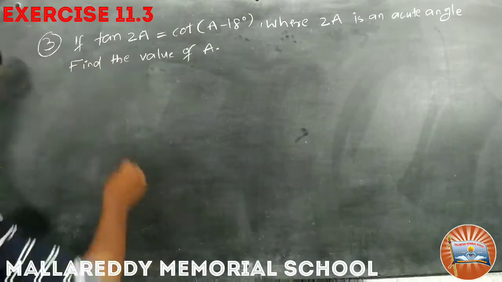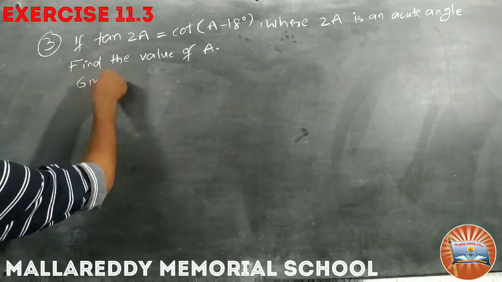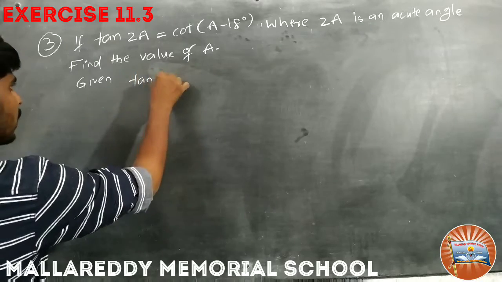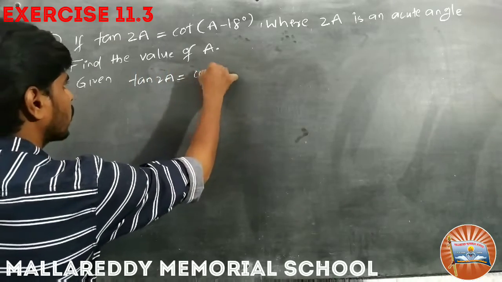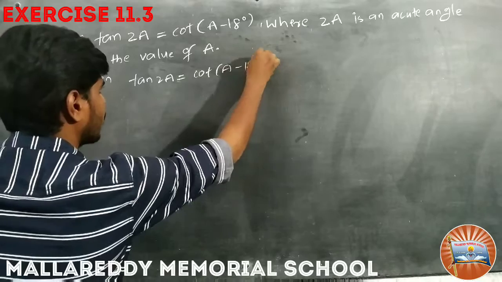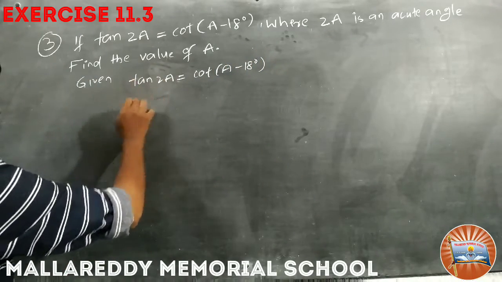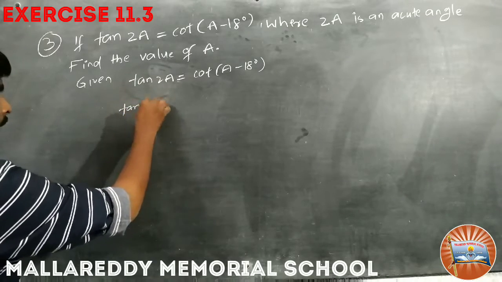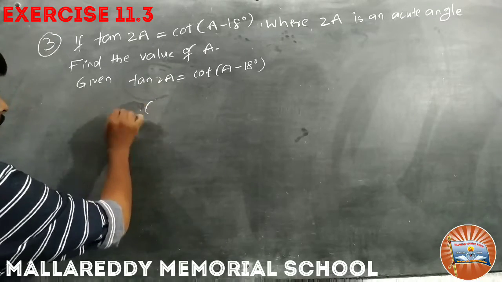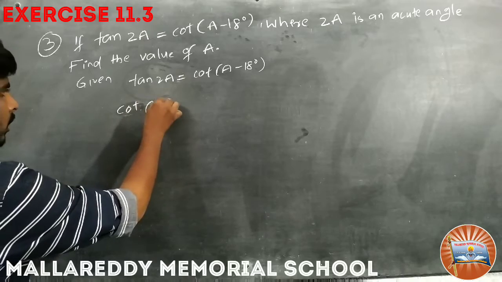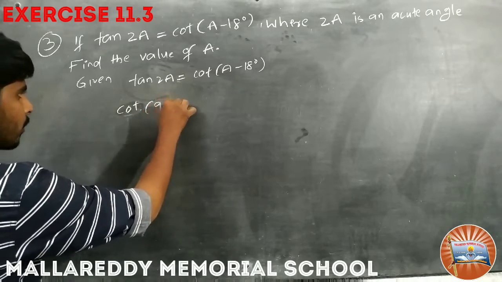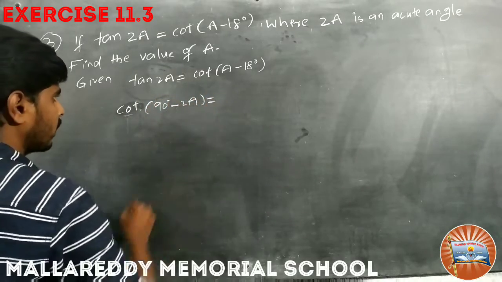So given tan 2a equals cot(a minus 18 degrees), okay, right. Here this we can write as cot(90 degrees minus 2a), isn't it?